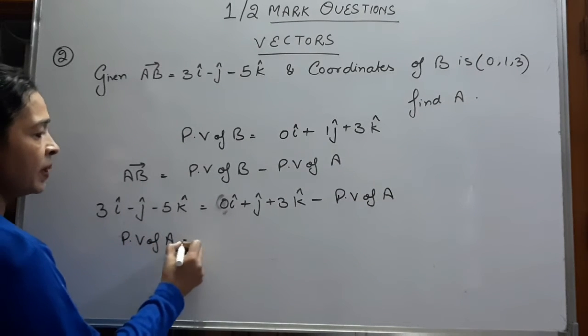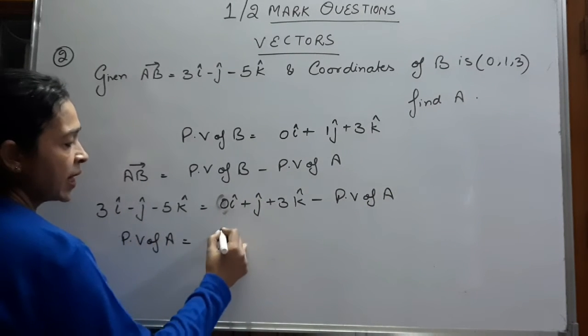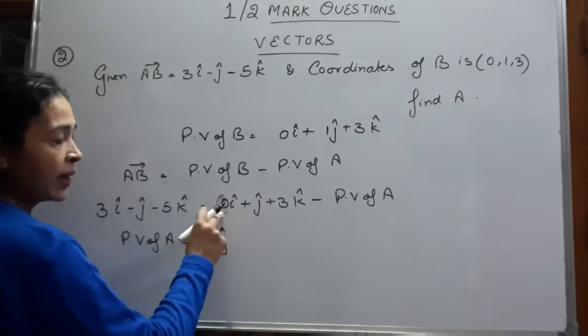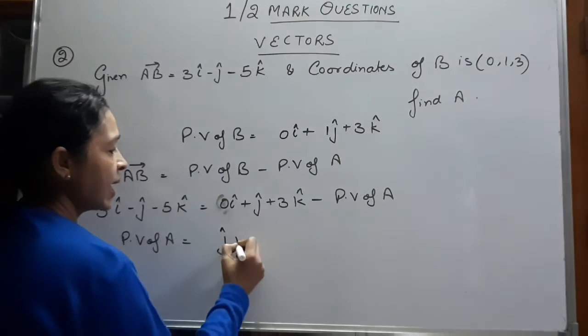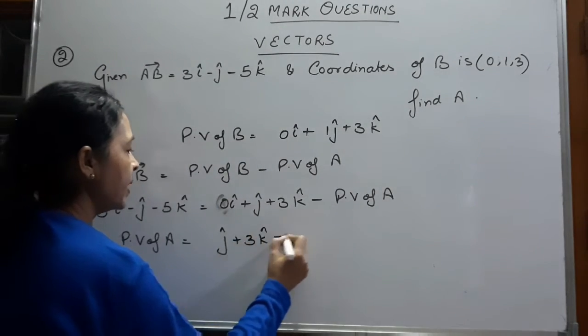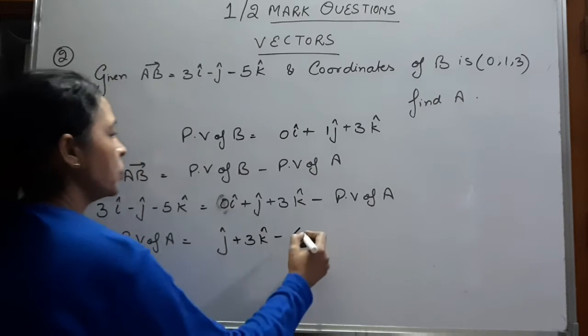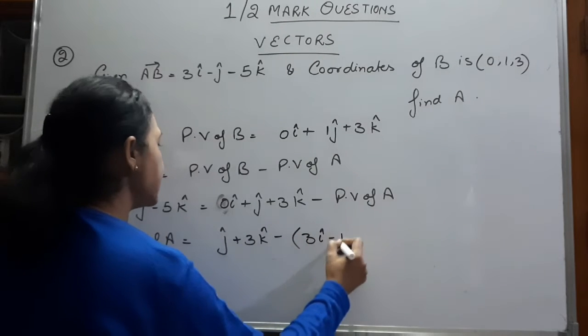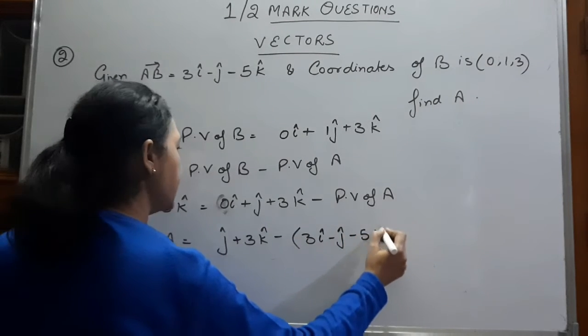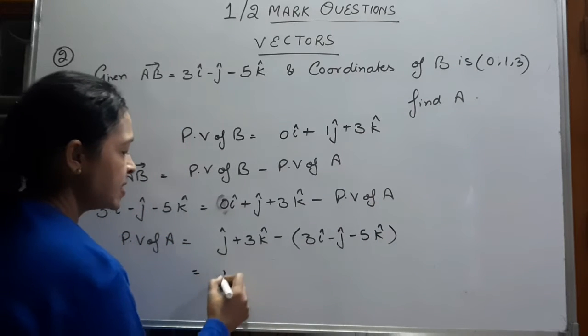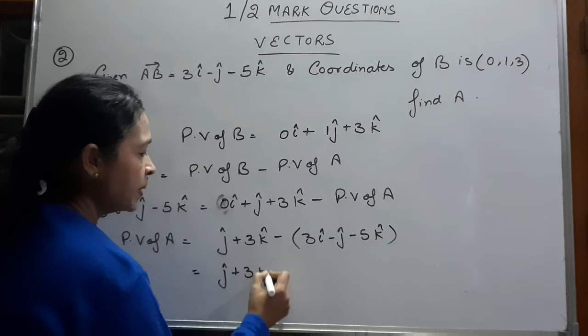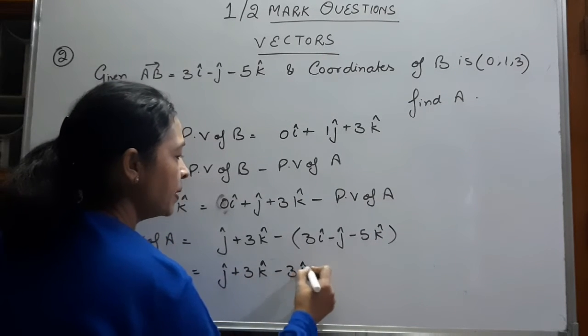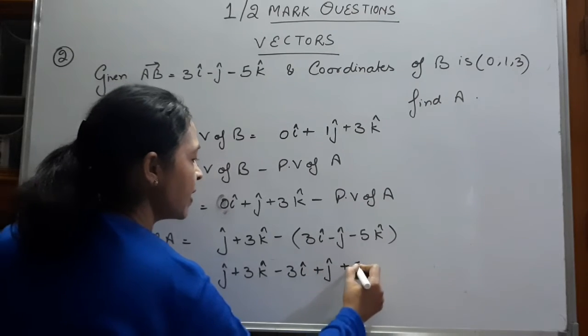Position vector of A will be j cap, we are not writing 0i cap, 0i cap is 0, j cap plus 3k cap minus 3i cap minus j cap minus 5k cap. This is j cap plus 3k cap minus 3i cap plus j cap plus 5k cap.